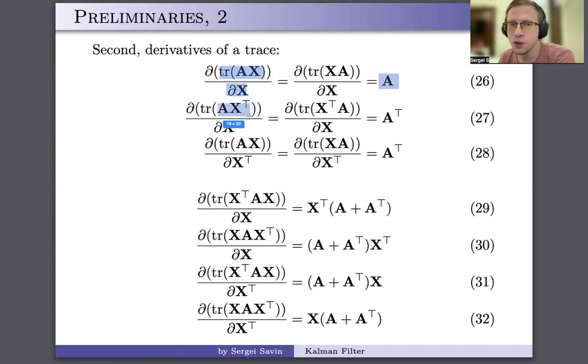And there are formulas for all kinds, like trace of A times X transpose with respect to X gives us A transpose, and so on and so forth. Even for the case where you have X transpose times A times X, you have a derivative with respect to X, which should be equal to X transpose times (A plus A transpose).